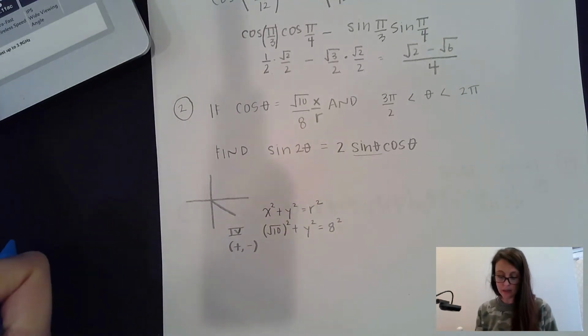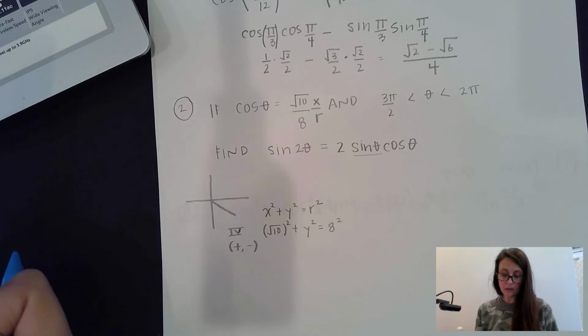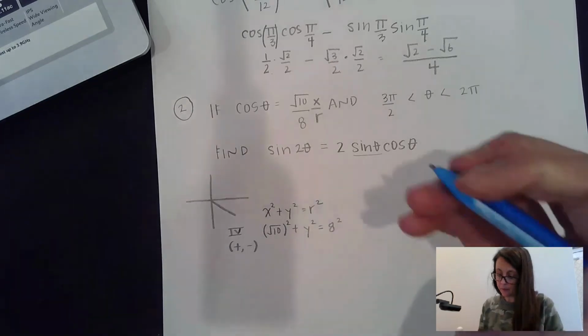So let's see, I've got 8 squared minus, let's see, 8 squared minus square root of 10 squared.